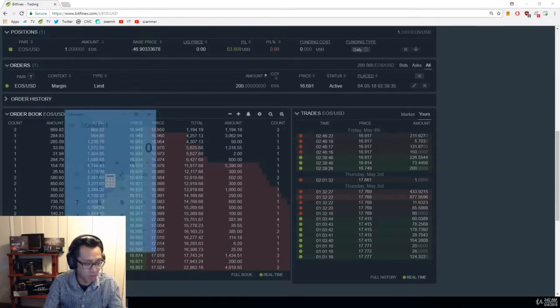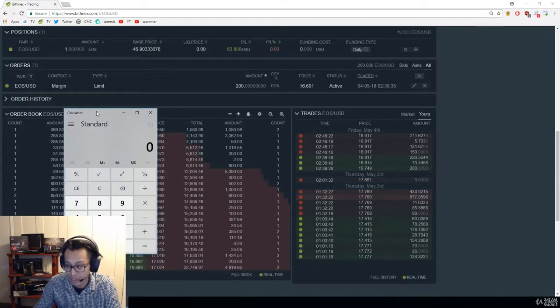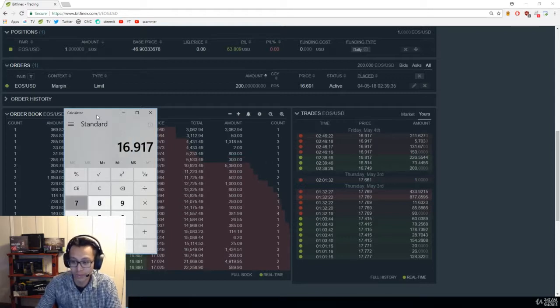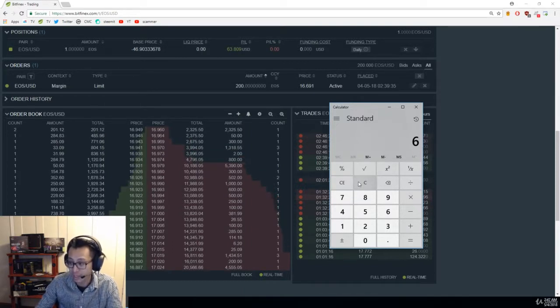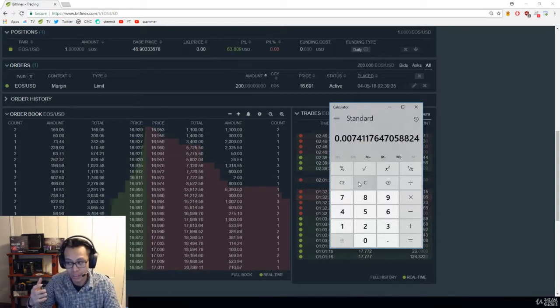Let me just grab my calculator to show you the position size that I played. I played 16.917 multiplied by 500, so I played an $8,500 position. If I take 63 divided by 8,500, that's about 0.7%, right?